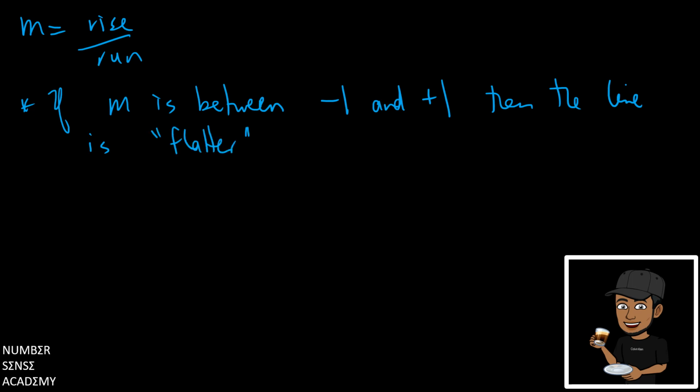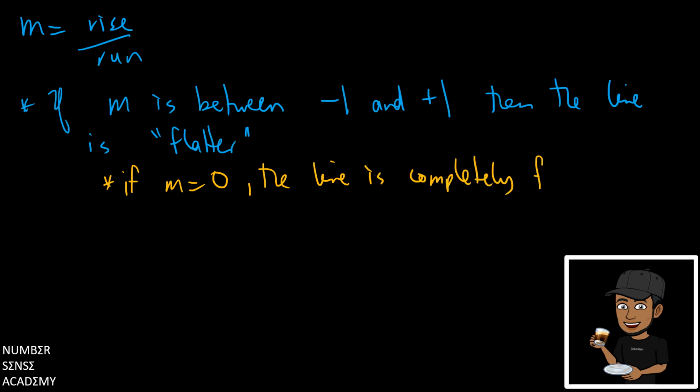Okay. Now I'm going to throw this in there because for the line to be completely flat, if m equals 0, the line is completely flat. If m equals 0, the line is completely flat. This is going to be a very important point in some other scenarios.